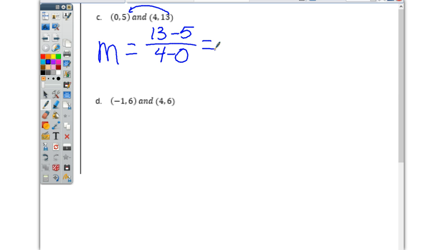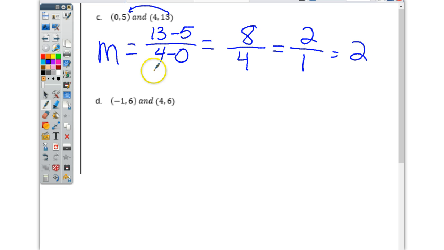What's my numerator answer? 8 over 4, which equals 2 over 1. I accept that as an answer, or what else? Or just 2, either one. Now if you'd have switched these around, you would have had 5 minus 13 over 0 minus 4.